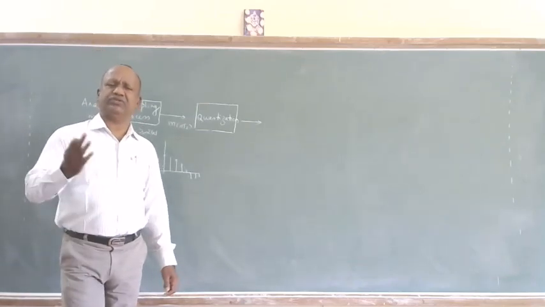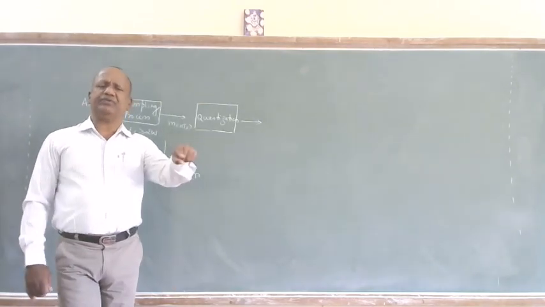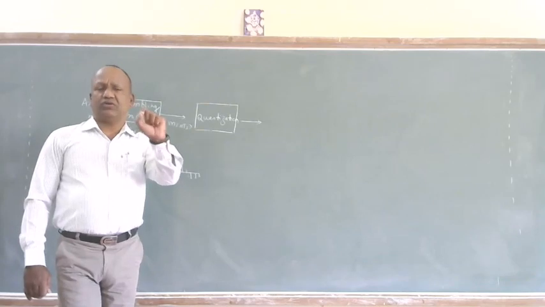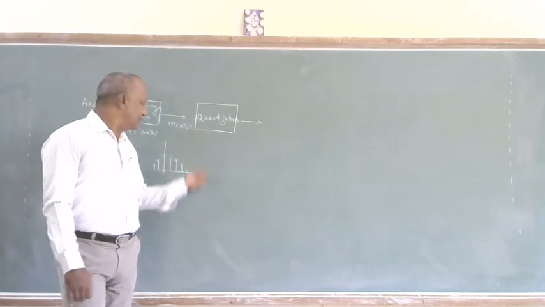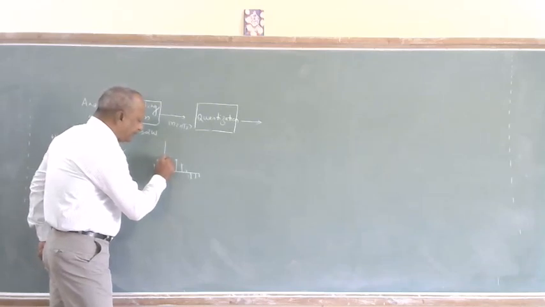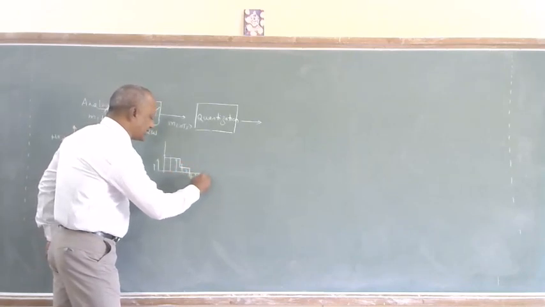Minus 2 is there, plus 2 is there, because every 1 volt there is a level. Any value we can map to the nearest quantization level. So in this way, for example, this is a quantization level and the next quantization level and the next quantization level like this.